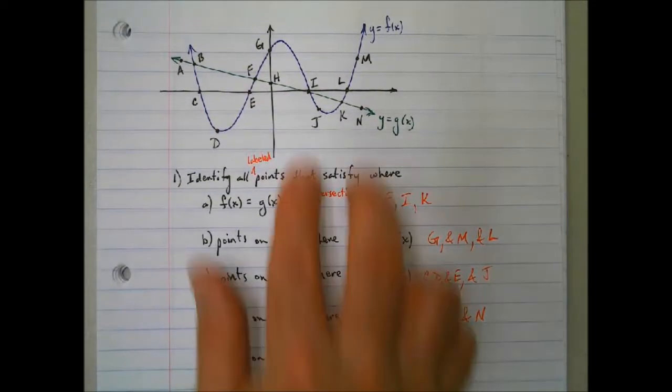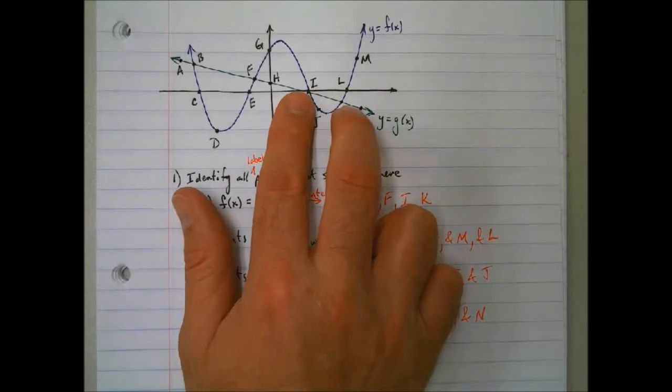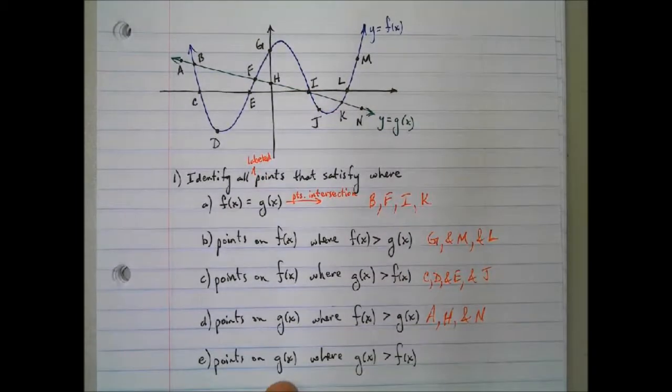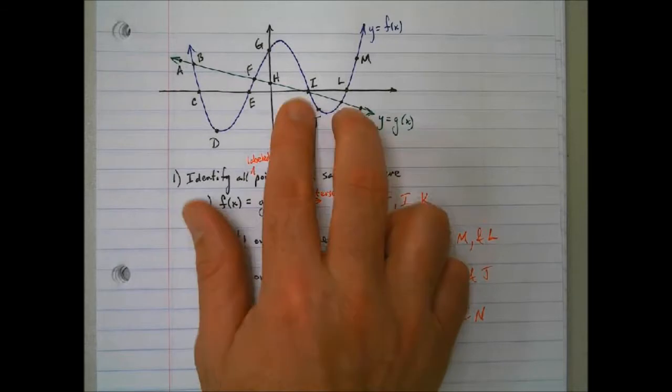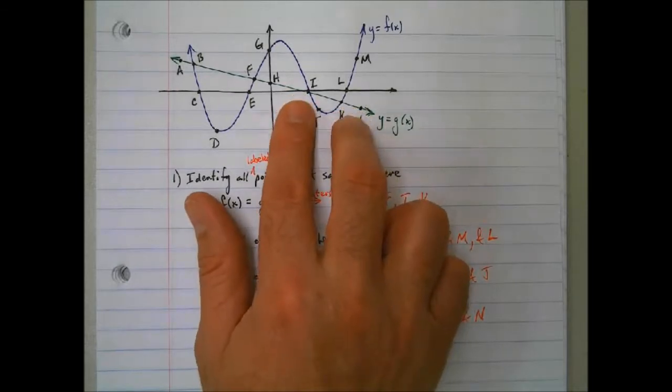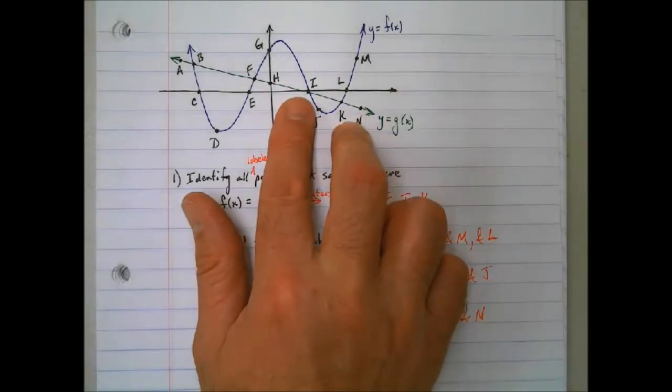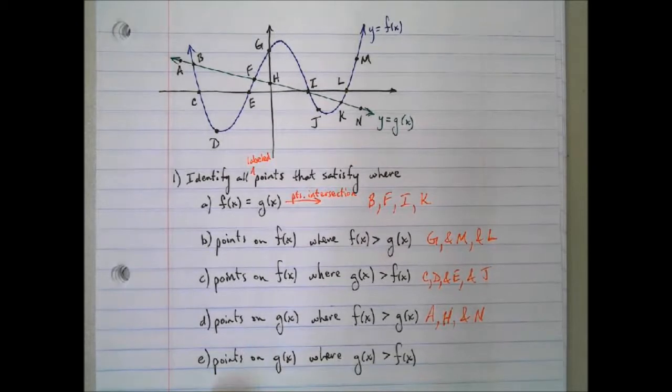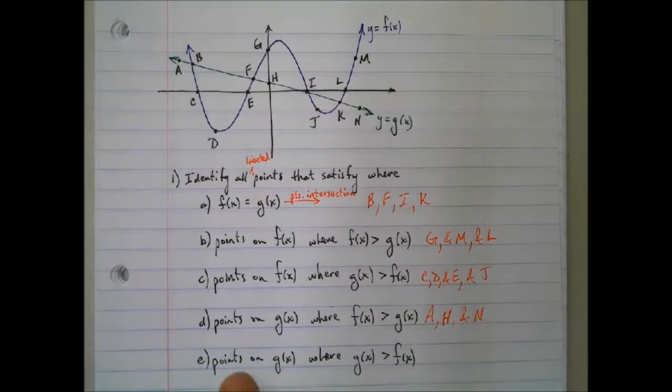Yes, between I and k. Are there any points on g of x between I and k? No. Those are the only two places where g of x is greater than f of x, and there just aren't any labeled points on g of x where that is true. So none.